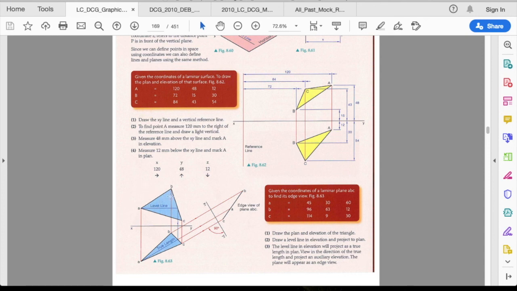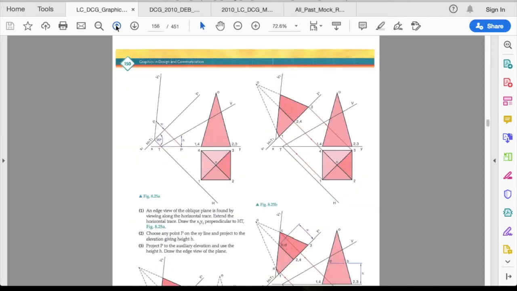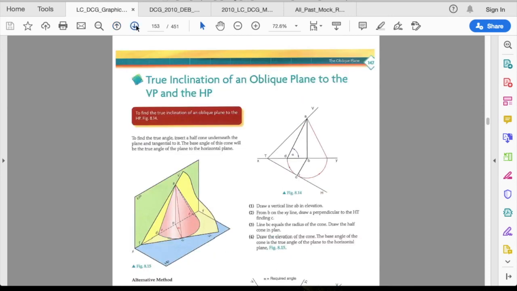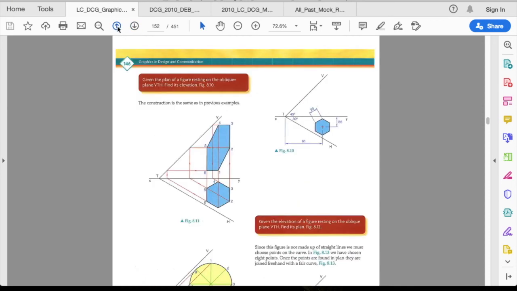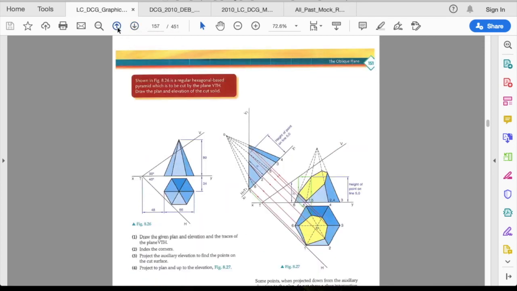Now, what we're looking at here, this level line is new, but if we go back and have a look at when we were looking at this at the very start, so if we go back to this one here.